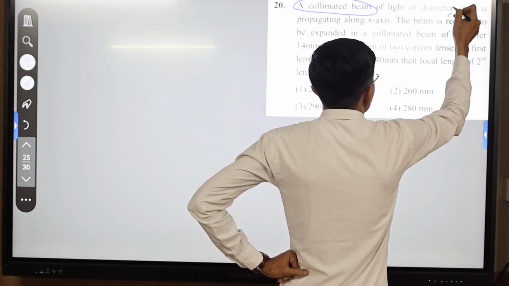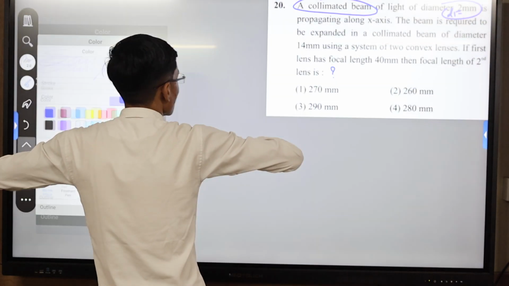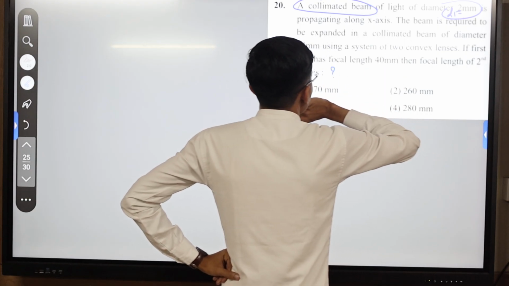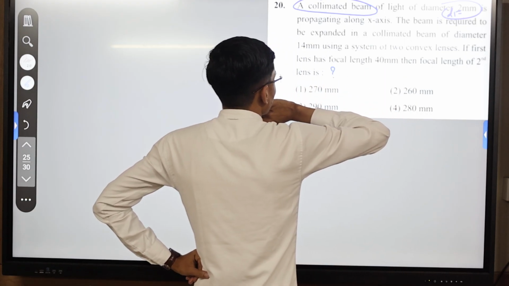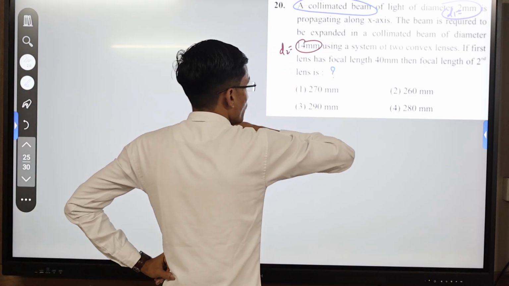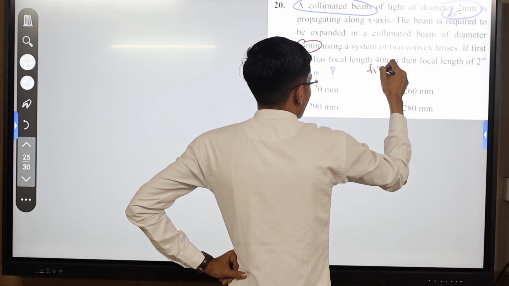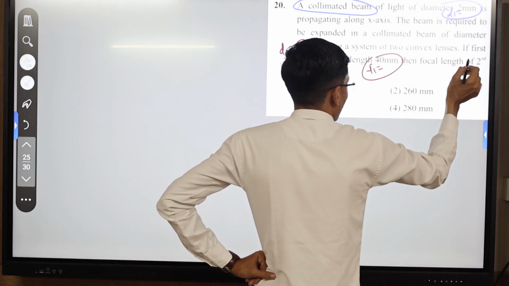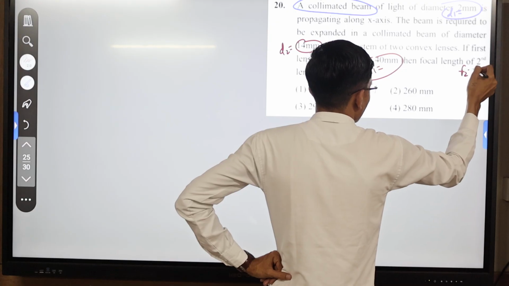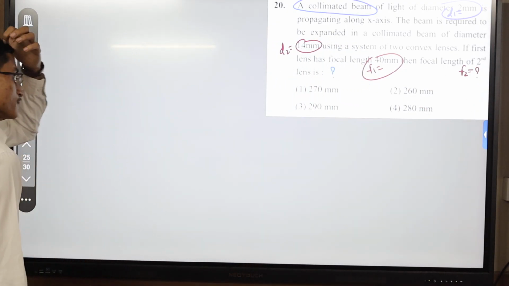Let us say the initial diameter d1 is equal to 2 mm. The beam is to be expanded into a collimated beam of diameter 14 mm. So this is the diameter d2. If the first lens has focal length 40 mm, then the focal length of the second lens f2 will be? First of all, let us write case 1 and case 2.